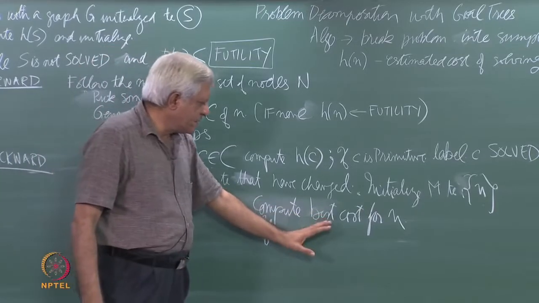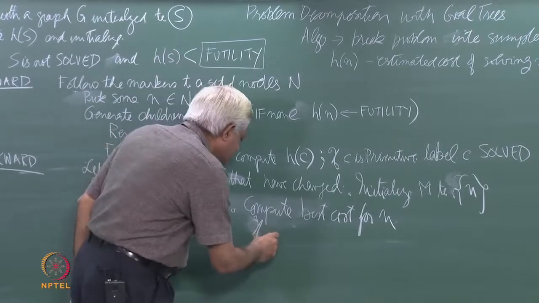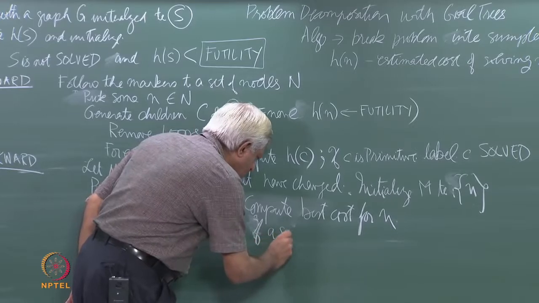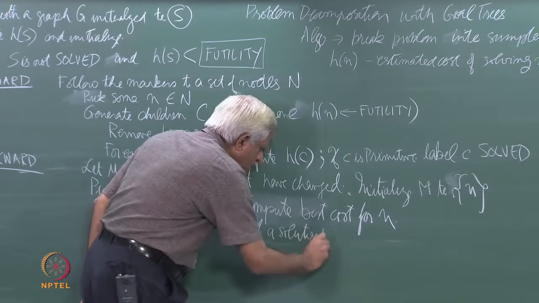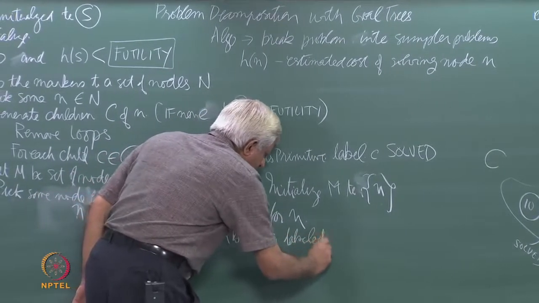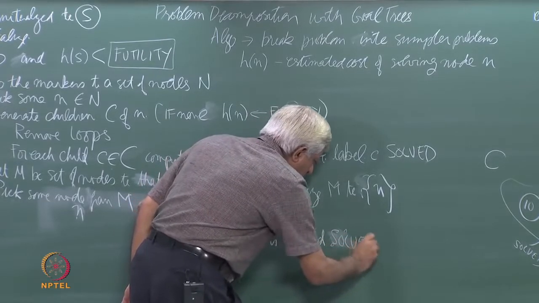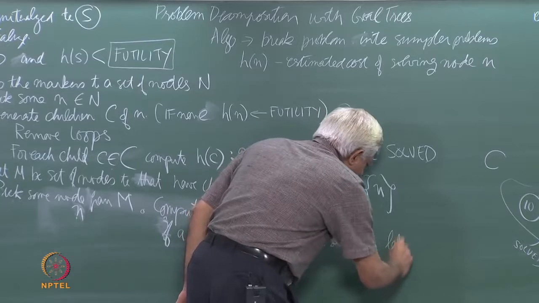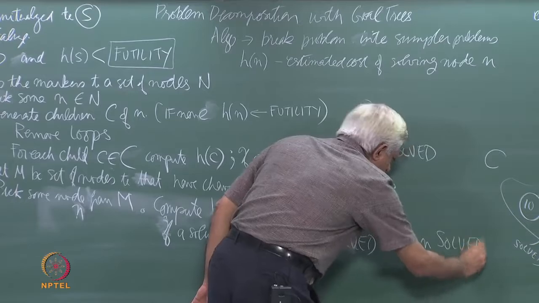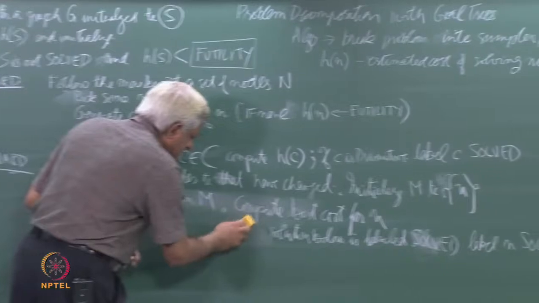Compute the best cost for n, which has changed, if a solution below is labeled solved, label n solved. Well, I should not say a solution, if the best solution.